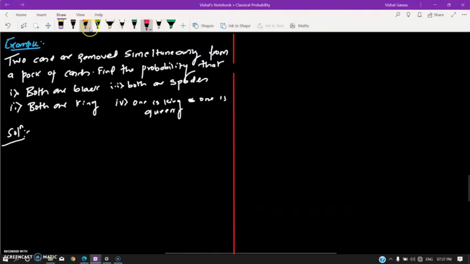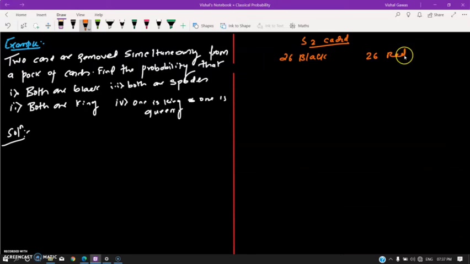So when it comes to a pack of cards, everybody must know that there are 52 cards in a deck, out of which 26 are black and 26 are red.